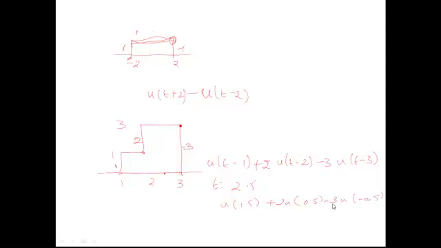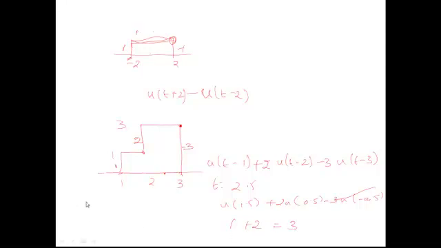You know that the unit step signal does not exist at less than 0, so u of minus 0.5 gives 0. Whereas for greater than 0, whatever the value, the result is 1. So u of 1.5 is 1, u of 0.5 is also 1 multiplied by 2, which is equal to 3.